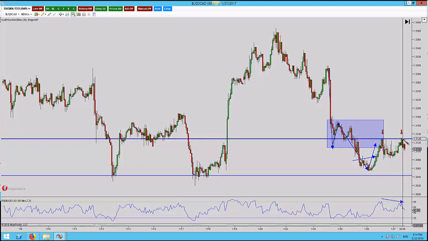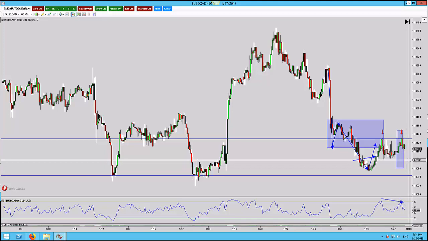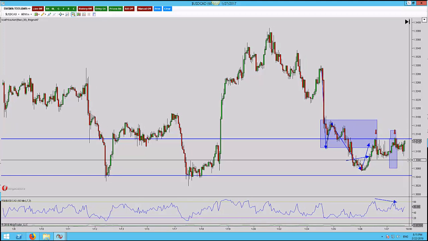We didn't violate structure, the candle closed. We go an ATR above the high, which is 17, so that makes me 48. Targets are going to be a retest here of the lows instead of playing for the extension, which is there. And let's see if we get this or not.